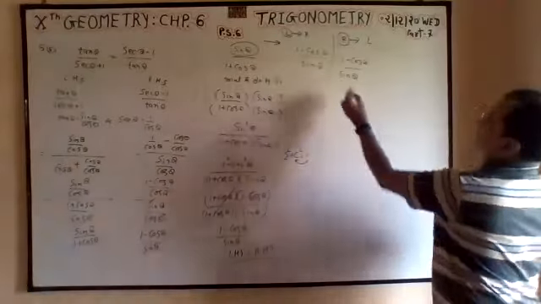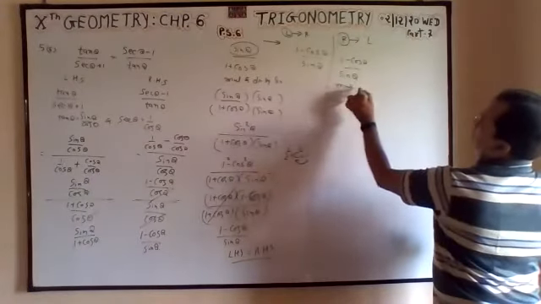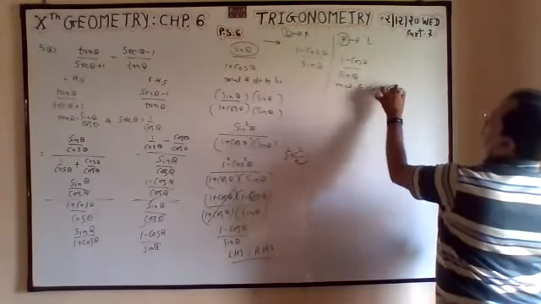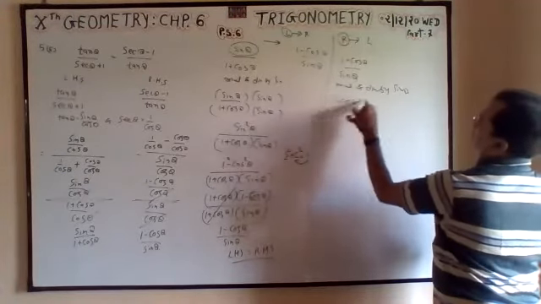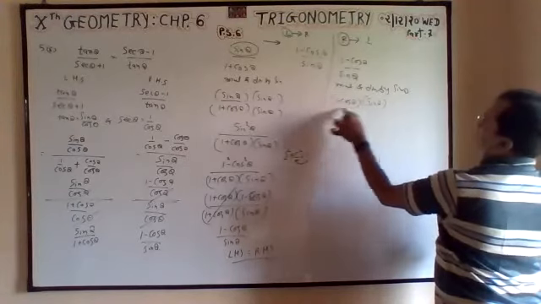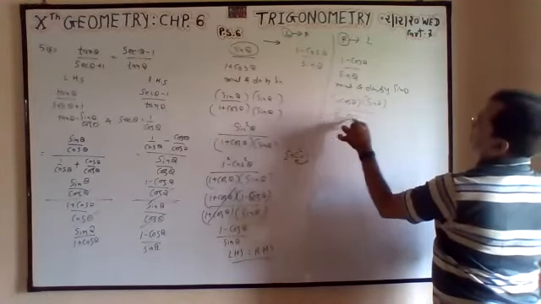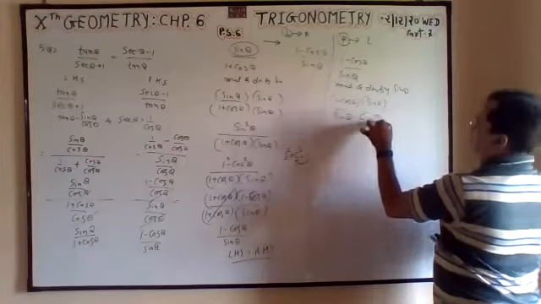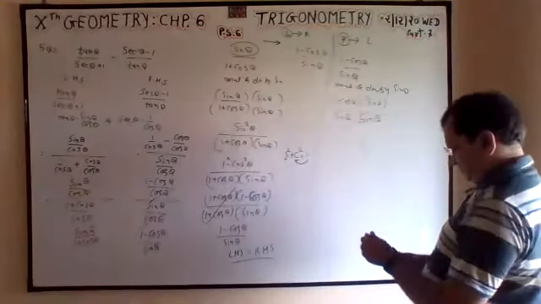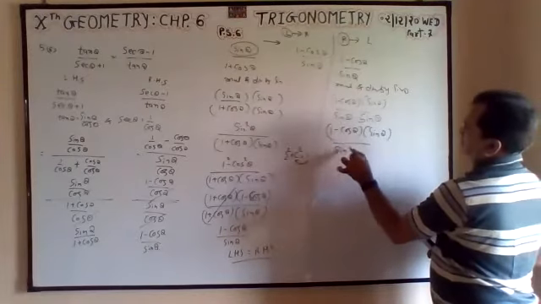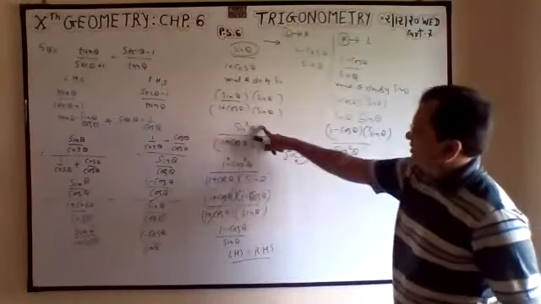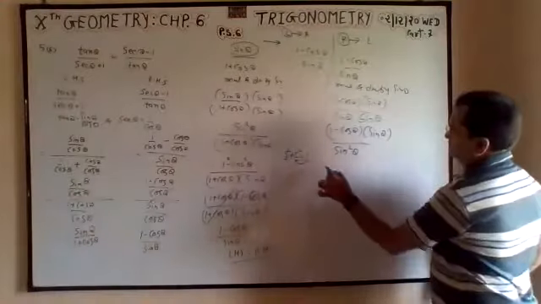So multiply and divide by sine. So 1 minus cos theta, sine theta, sine theta, sine theta. So this is 1 minus cos theta, sine theta, over sine square theta. Sine square theta is equal to 1 minus cos square theta.